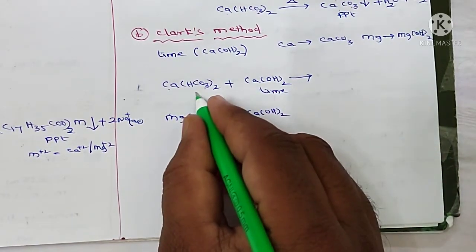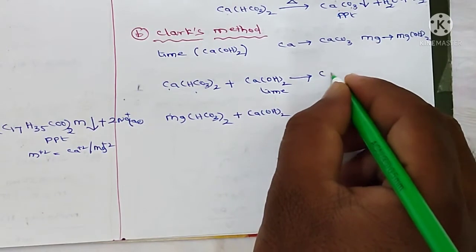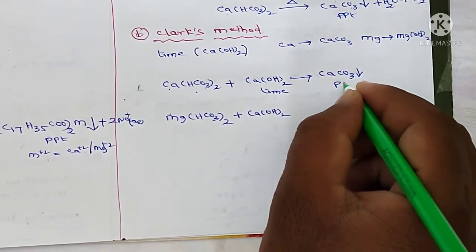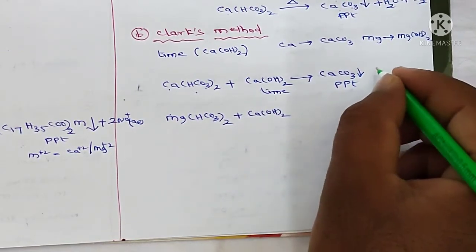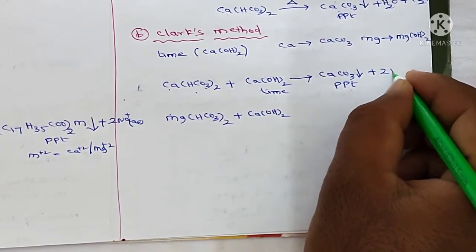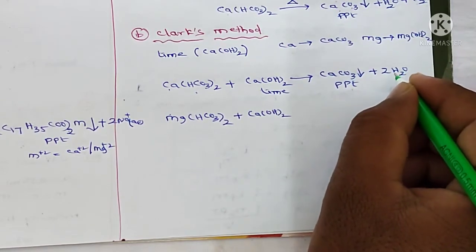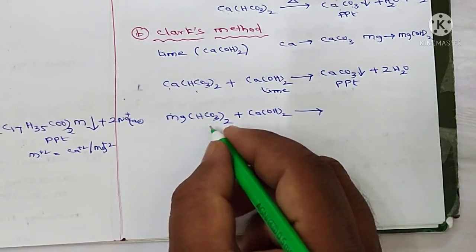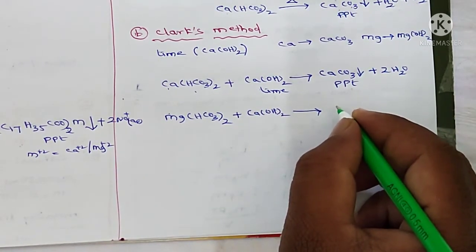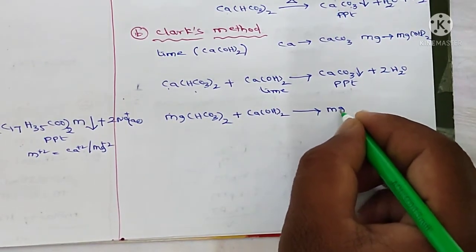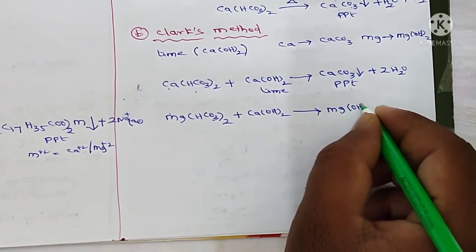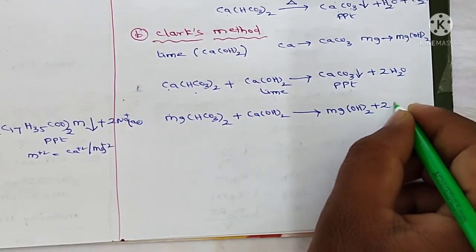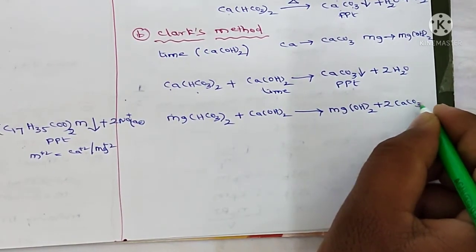The calcium bicarbonate is converted into calcium carbonate, which is a PPT, plus 2 moles of H2O. And the magnesium bicarbonate is converted into magnesium hydroxide, Mg(OH)2, plus 2 moles of calcium carbonate.